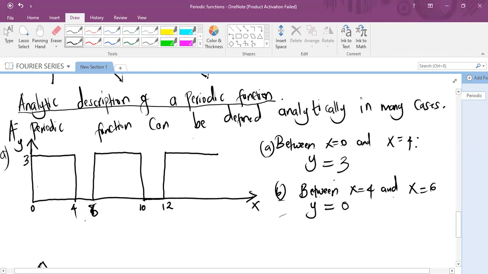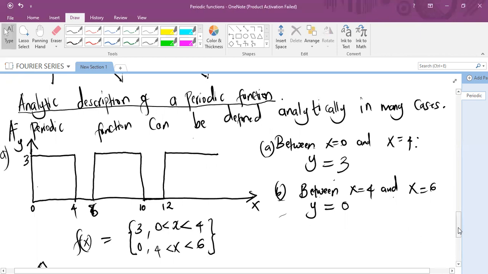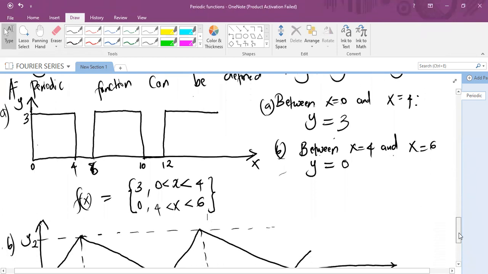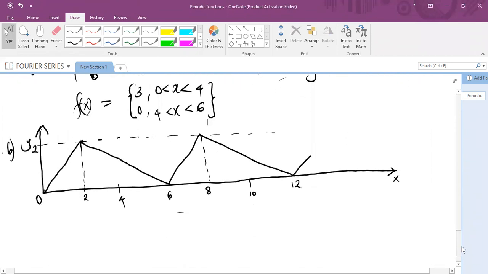So basically, if we want to write this, we can write f of x equal to 3 between x values of 0 and 4, and it is equal to 0 where the x value is between 4 and 6. Okay, so that's how we go about analytically describing these periodic functions.